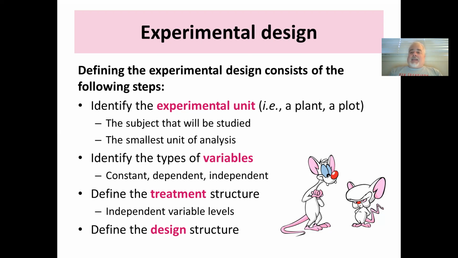What am I studying? And in agriculture, it's usually a plant, a small group of plants, or a block of plants. And then we have to identify the variables, what are called the constant, the dependent, and the independent variables. We'll get to that in a minute. Then we have to define the treatment structure.